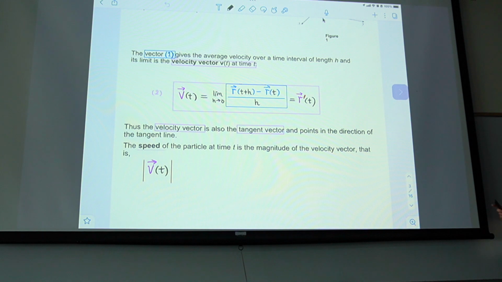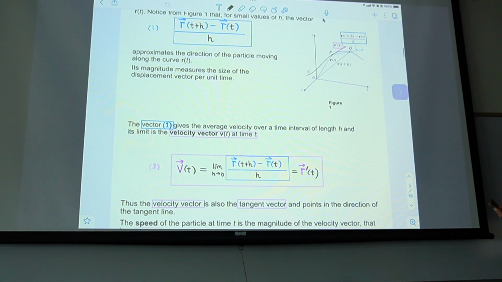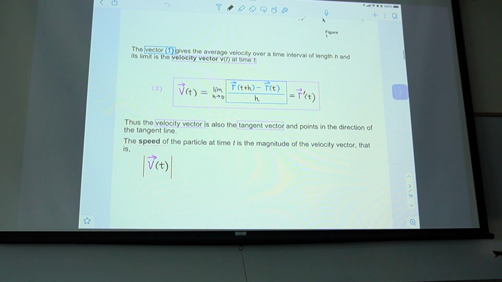So the velocity vector is also the tangent vector and points in the direction of the tangent line. As you can see here, it points in the direction of the tangent line right there. Now the speed of the particle at time t is the magnitude of the velocity vector. How do we find speed?